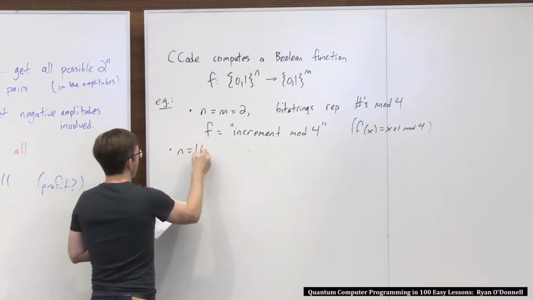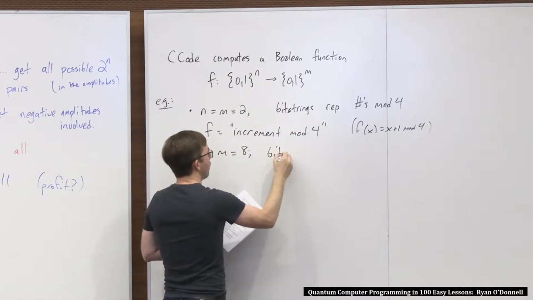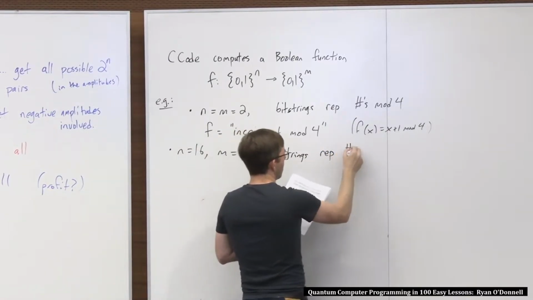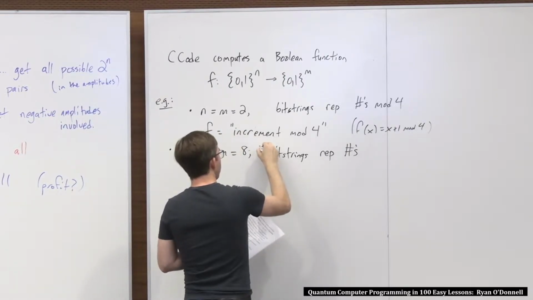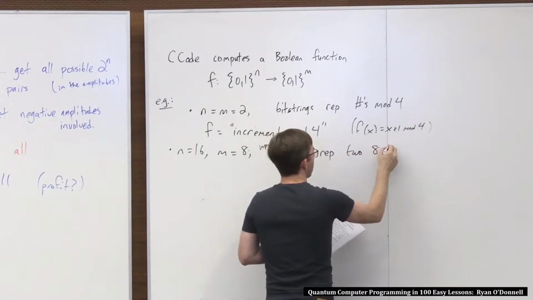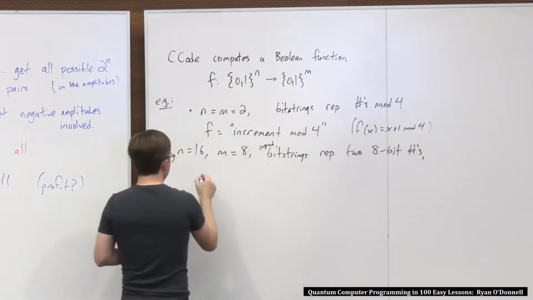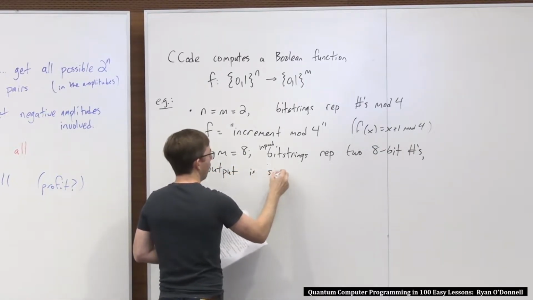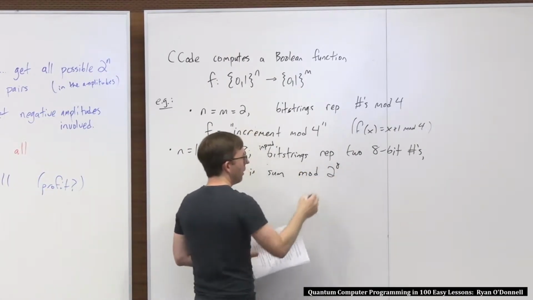Okay, here's another example. N is 16, M is 8. The input bit strings represent two 8-bit numbers, and the output is their sum, mod 2 to the 8, I guess.